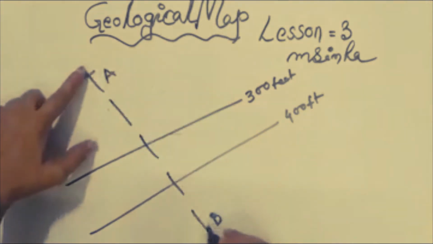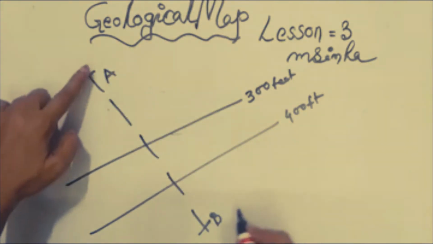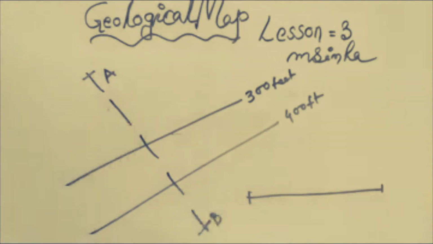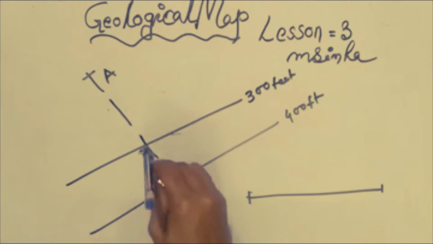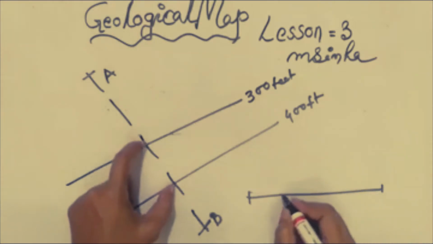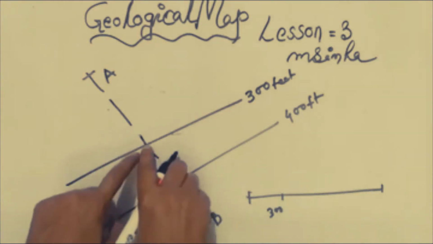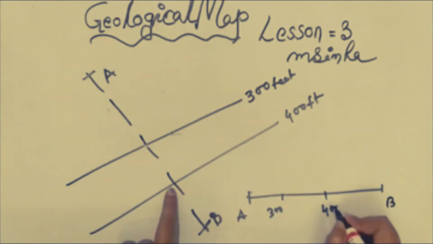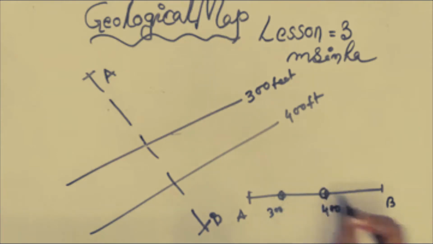Here we can take this line, and with the help of a compass, we can cut that value and place it here. Suppose this is the point of 300 feet, this is A and this is B, and this point is 400 feet. Suppose those are the elevations, the vertical interval, the height. We get this information from the contour values.